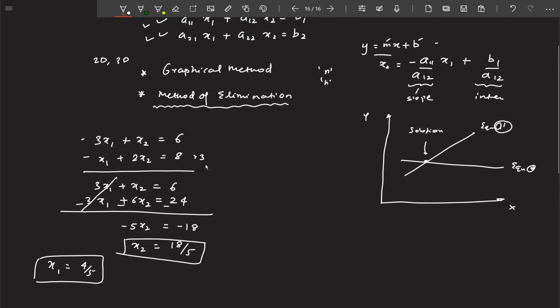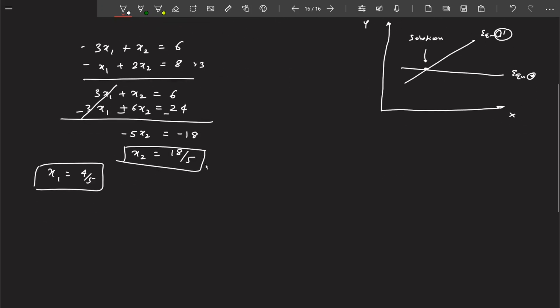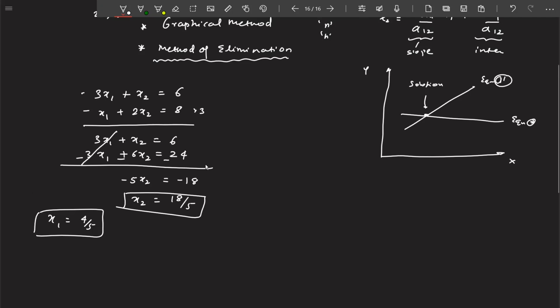So this is the method of elimination that you studied in high school. Okay, and if you are unable to recall, since we already discussed this particular example, I hope you have now understood what the method of elimination is. Okay, so this is the method of elimination involving two variables.